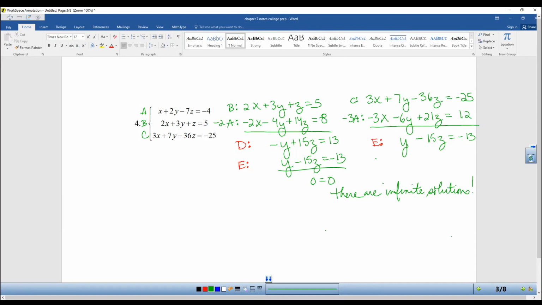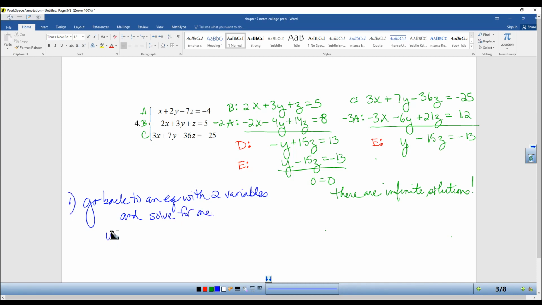So the step is to go back to the place where you had 2 variables and get y by itself. So go back to an equation with 2 variables and solve for 1. That's going to be your first step.